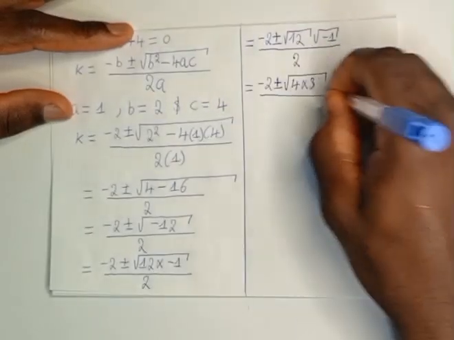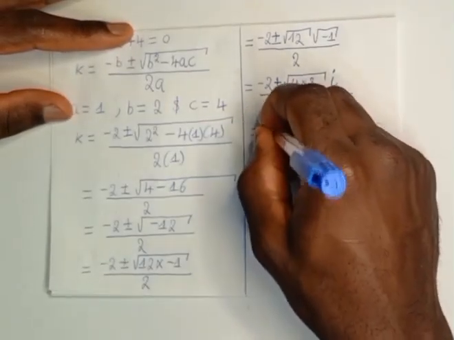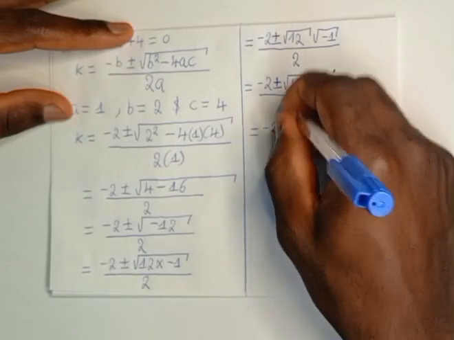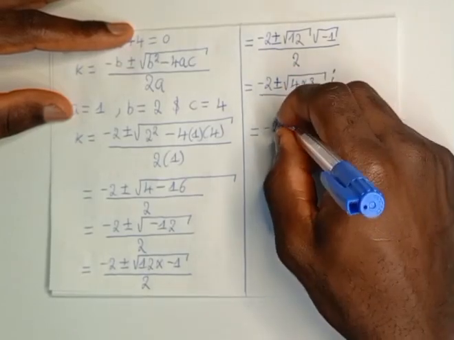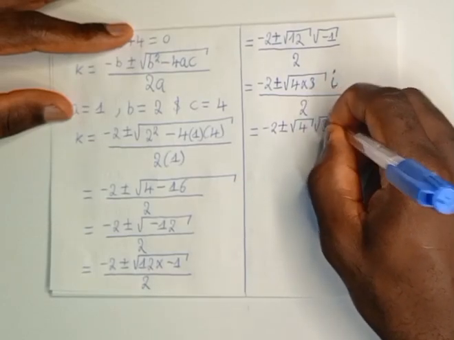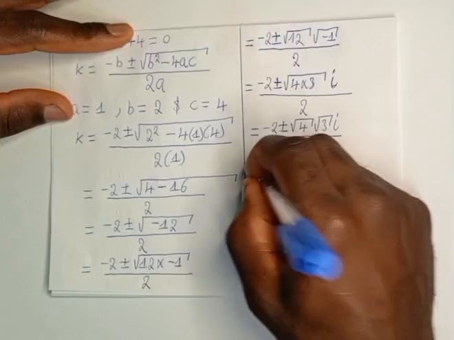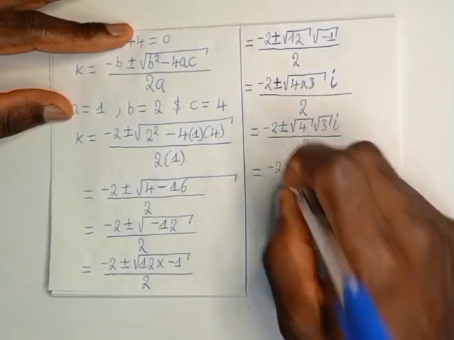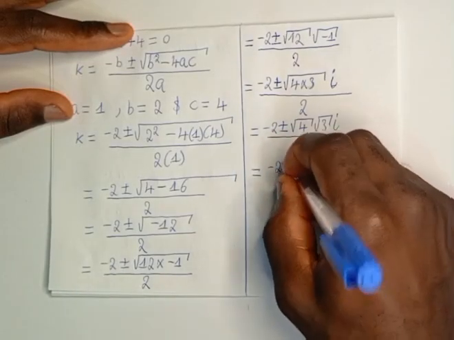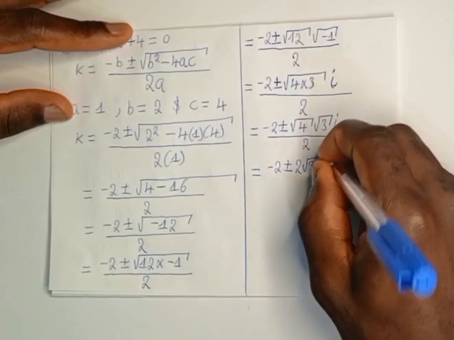We divide by 2. This will simply be equal to negative 2 plus or minus the square root of 4 times 3, which can be broken as the square root of 4 times the square root of 3 times i. The square root of 4 gives us 2 times root 3 times i.